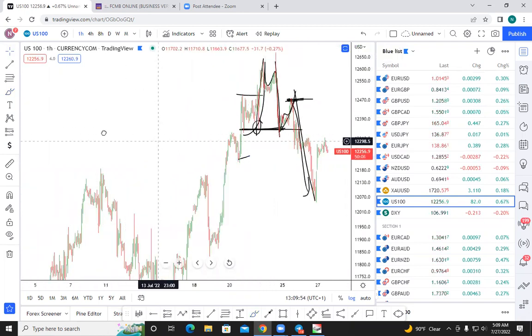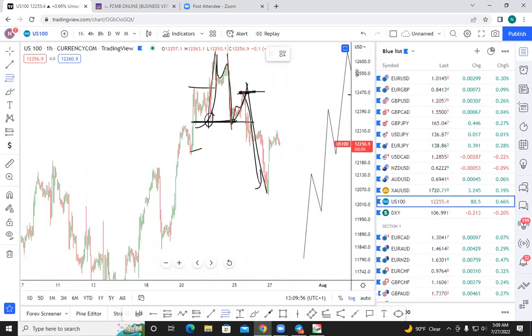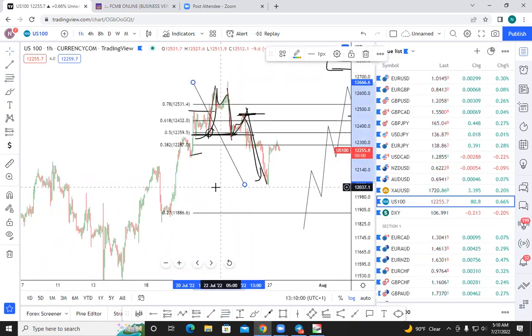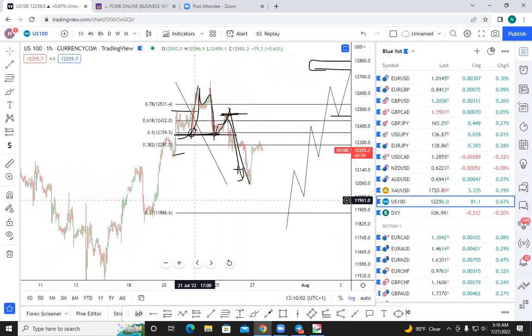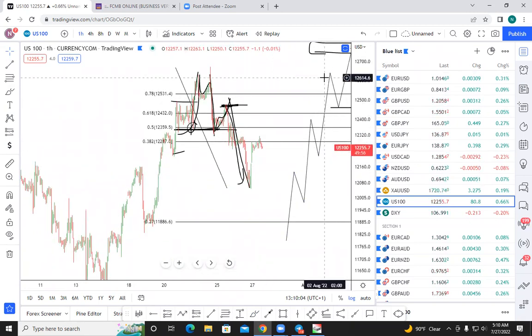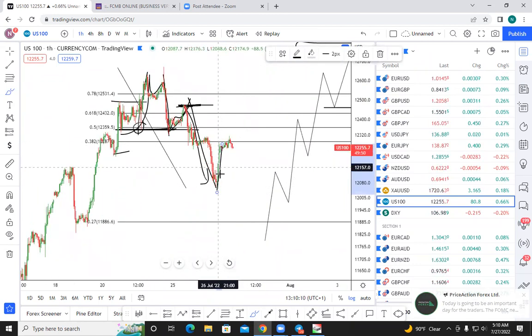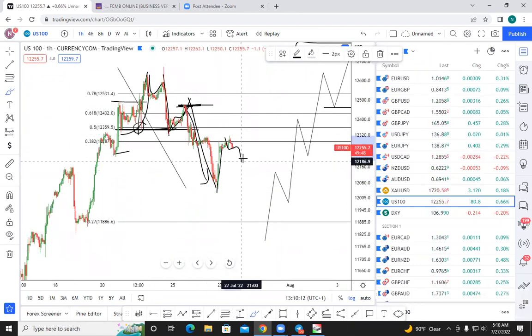So all we want is to have a corrective structure, guys. We want a corrective three-wave move to the upside. You're already having a strong move, so we need a correction and then another strong move.